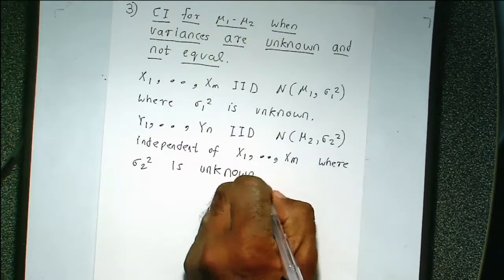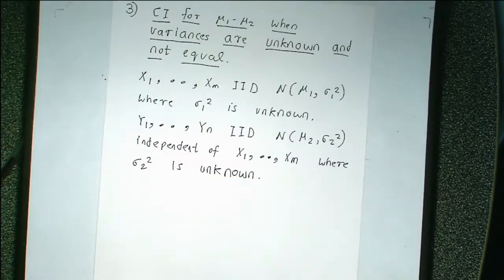So you have 2 independent random samples, but the variances are both unknown. Sigma 1 squared is unknown, sigma 2 squared is unknown.